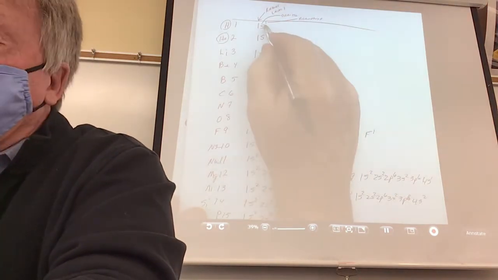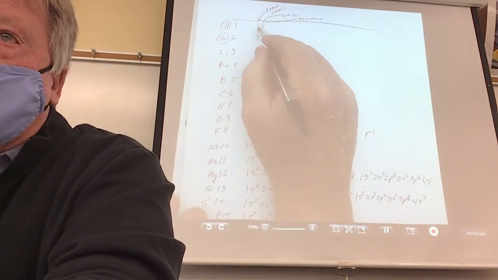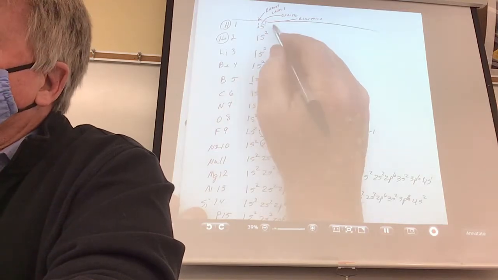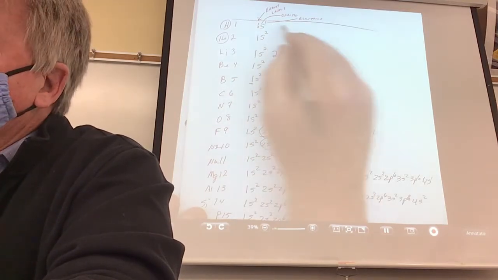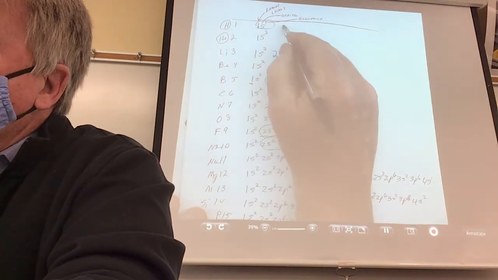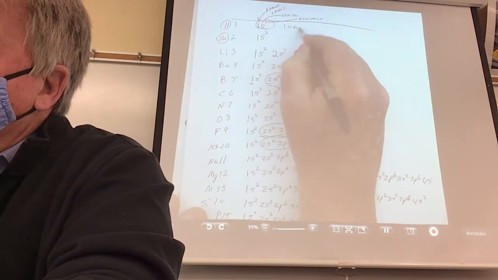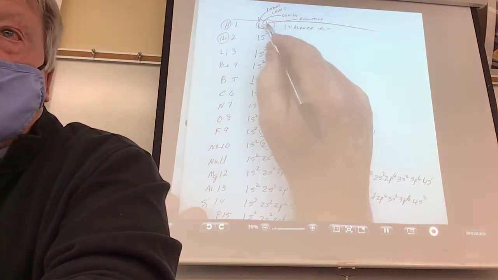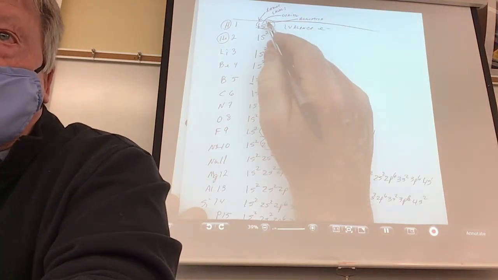Now look right here. The outermost energy level for hydrogen is level 1, isn't it? So how many valence electrons does it have? Isn't that right? There it is right there. He has 1 valence electron.